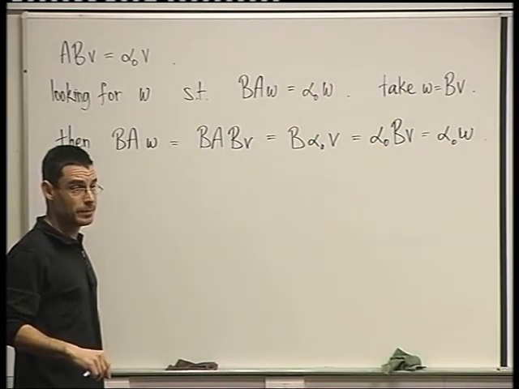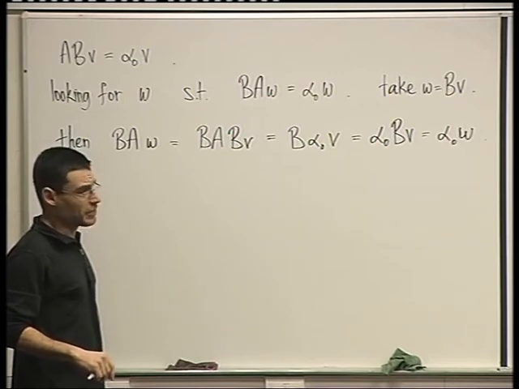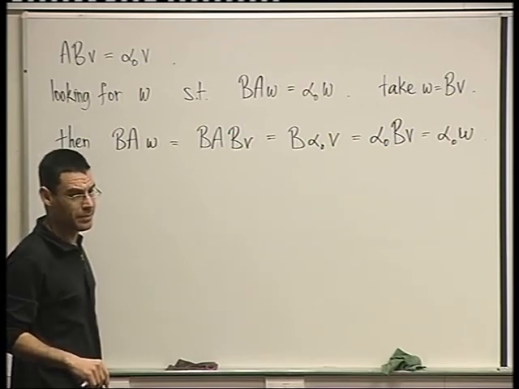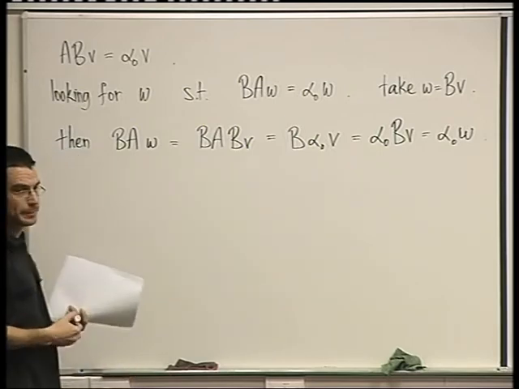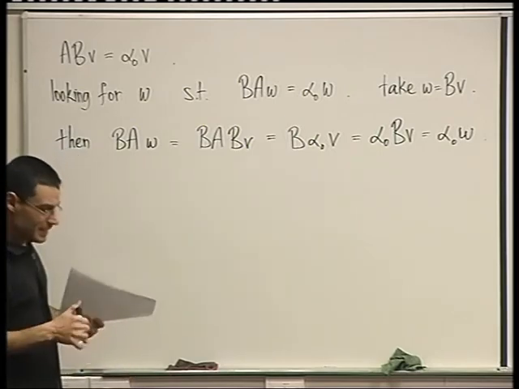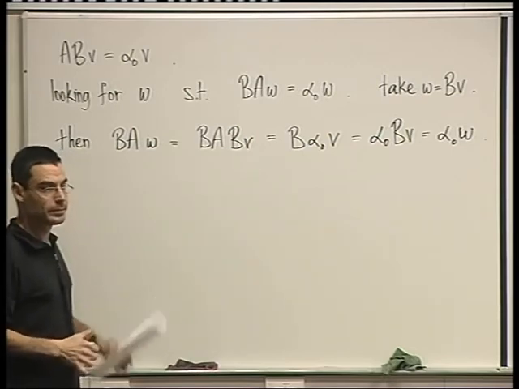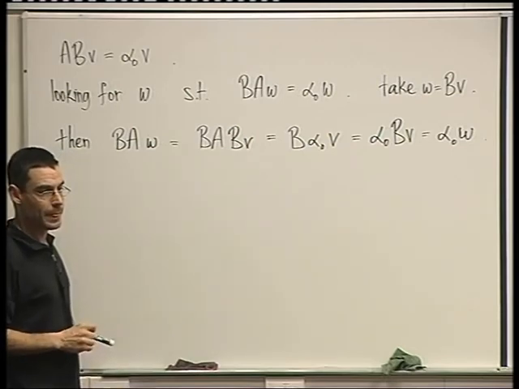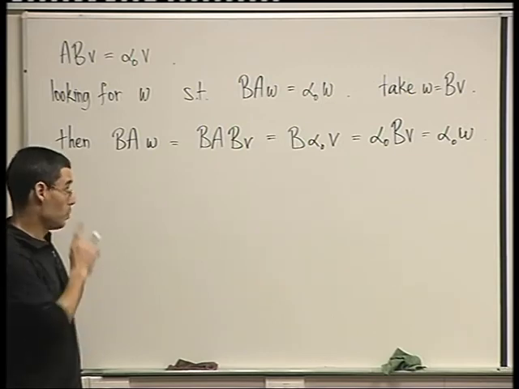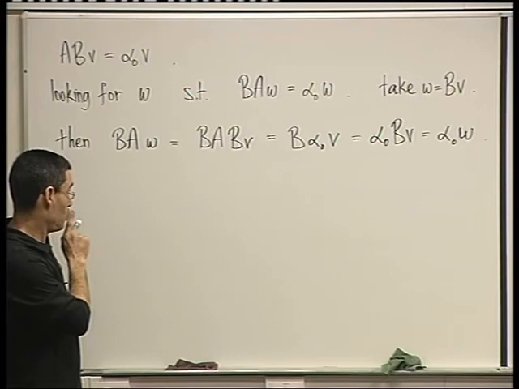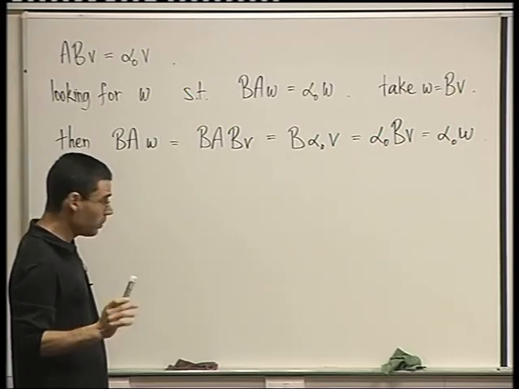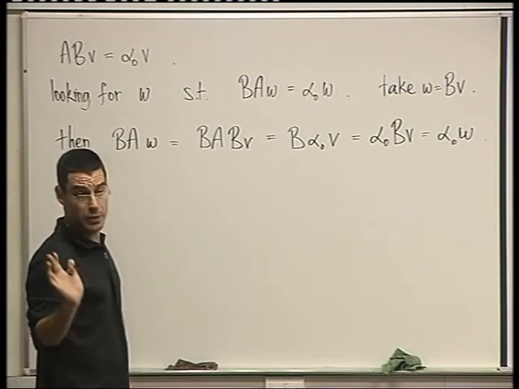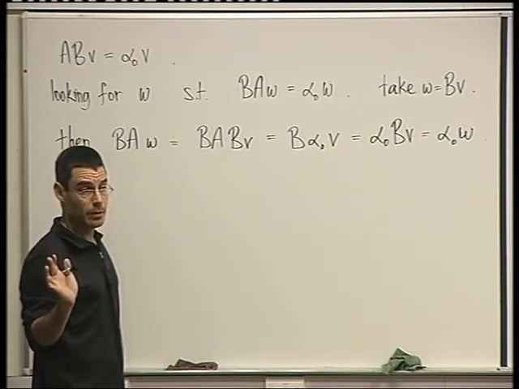Seems like we're done. Why am I asking? We're probably not done. Think. What's missing? Something is still missing. Maybe alpha is 0. Well, there's no restriction for the eigenvalue to be 0, right?